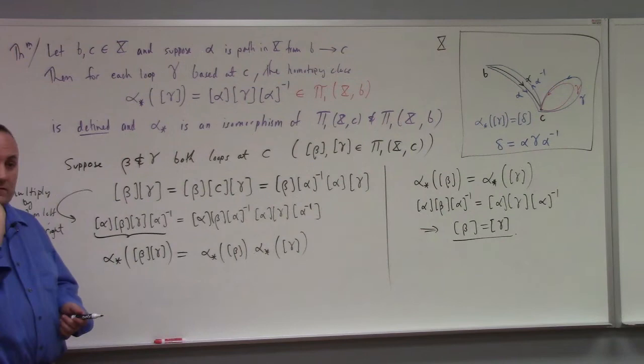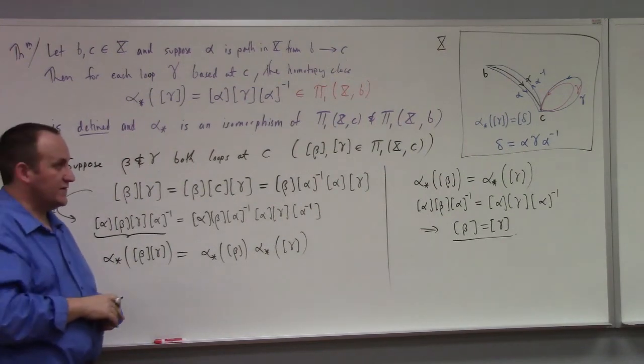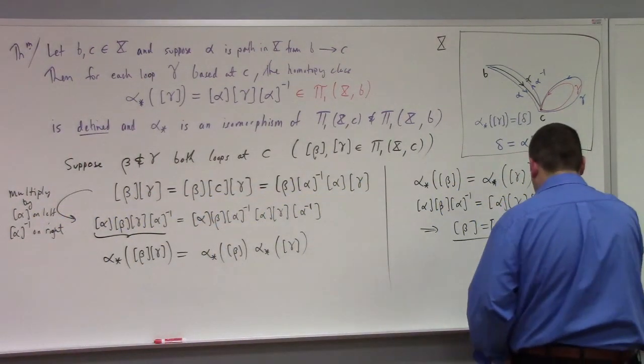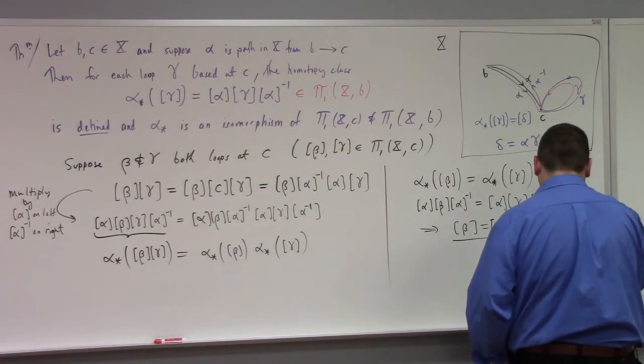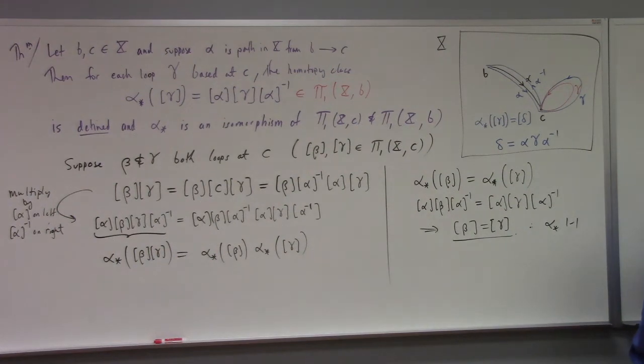And then finally, how do we prove it's surjective? What would you need to prove it's surjective? So to prove it's surjective, I should let, what do you want my notation to be? I'll use a different letter that I haven't used yet. Sigma. Let sigma be an element of pi 1 of X, B, right?